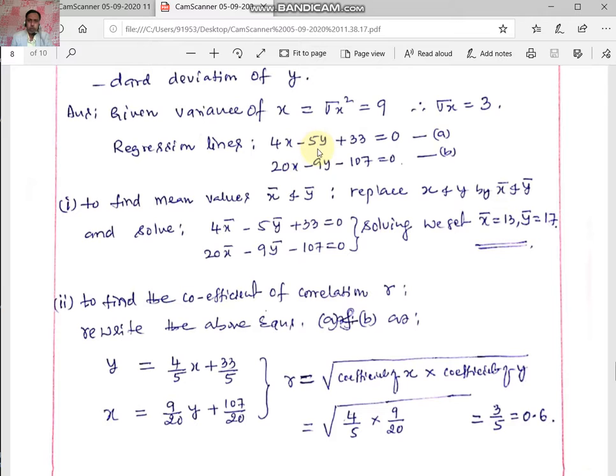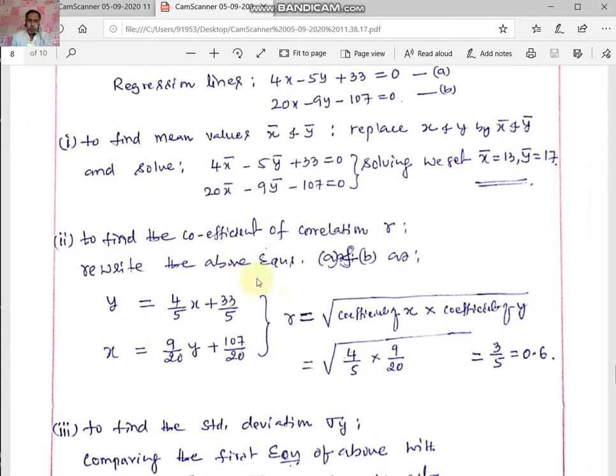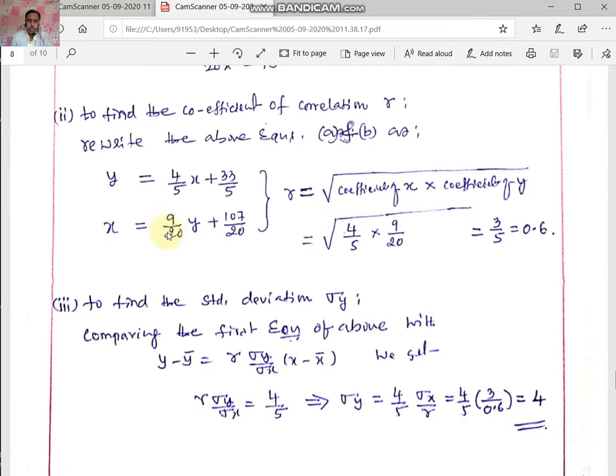It is simple: shift minus 5y to the right hand side, divide throughout by 5, you will get y equals 4 by 5 x plus 33 by 5. Similarly, the second equation, 20x minus 9y minus 107, is rewritten as x is equal to 9 by 20 y plus 107 by 20.